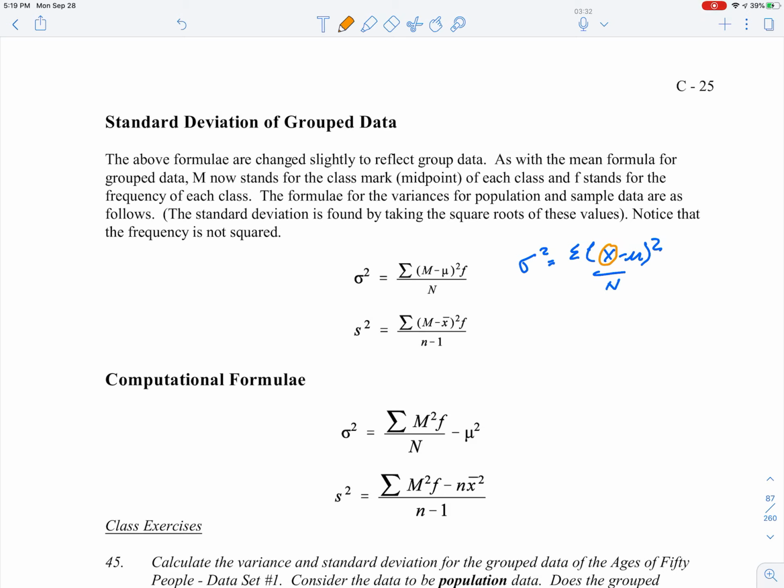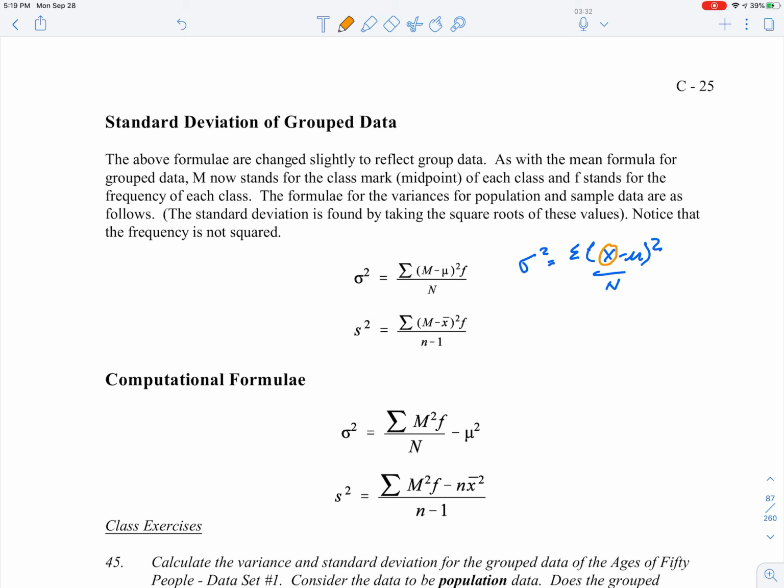And then we could come up with a class mark, typically just the midpoint of the class, and we could calculate a grouped mean. And then we're going to use that method to actually calculate the standard deviation of grouped data.